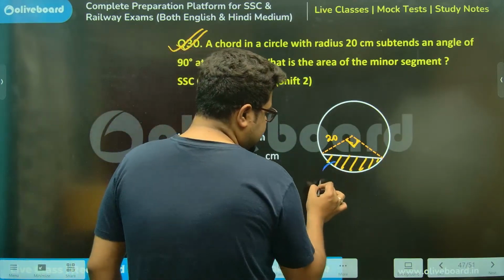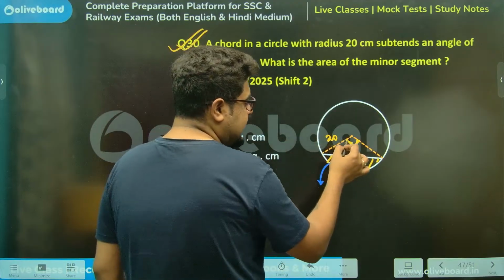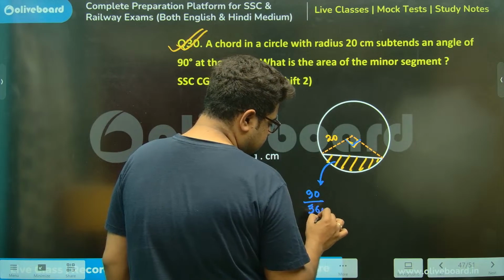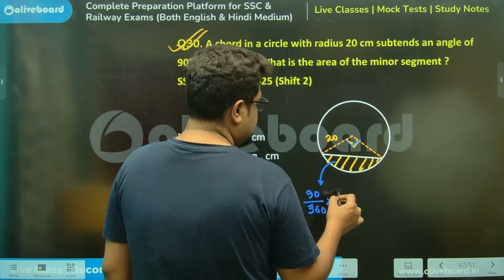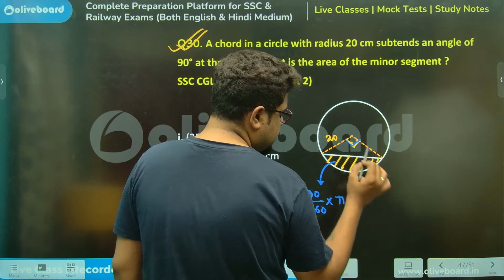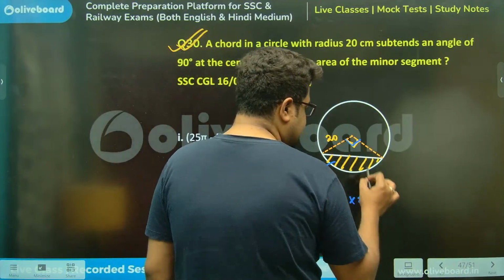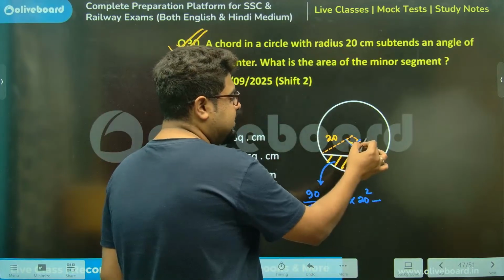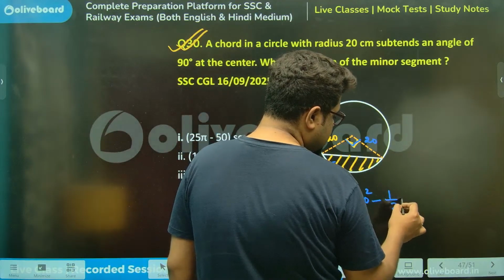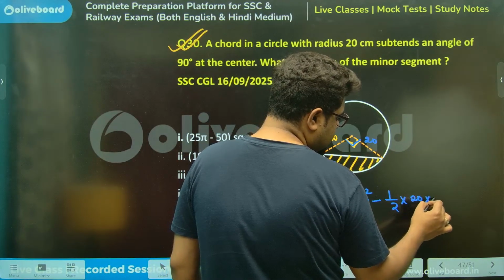So this area will be the area of the sector, 90 by 360 into pi r square, so pi into 20 square, minus the area of this triangle. This is 90 degrees, and these are 20, 20, so half into 20 into 20.